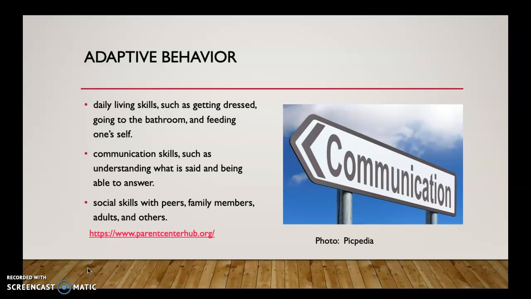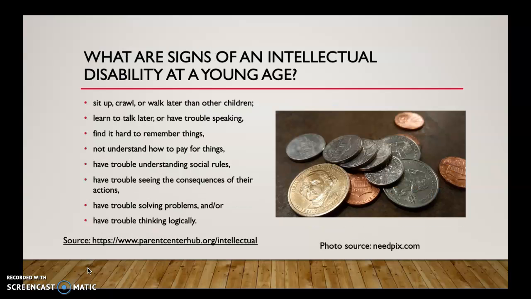They may also often have problems with social skills with peers, family members, adults, and others. Those are adaptive behaviors that they are limited in, and that they can receive extra help in.